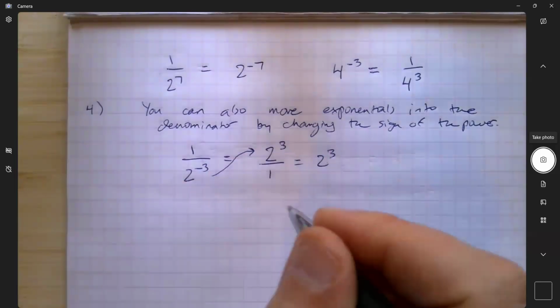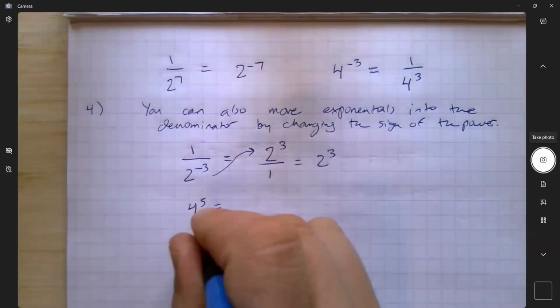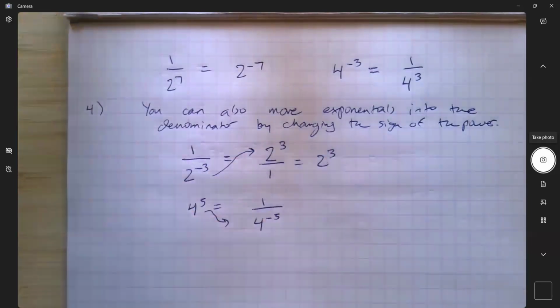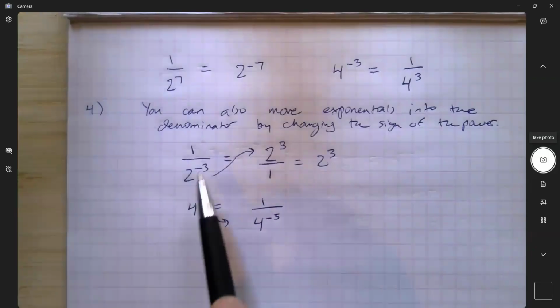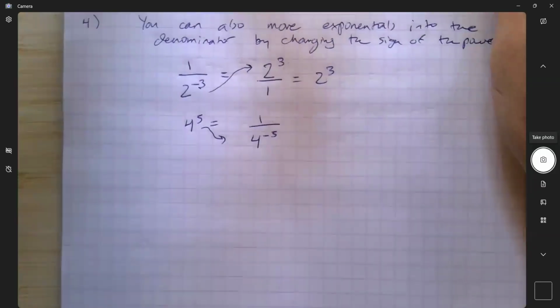And if I have, let's say 4 to the 5th, I can move it down into the denominator and just change the sign again. So you can rewrite your exponentials a lot of different ways just by changing the sign and moving where it belongs, moving it up or down into the numerator or the denominator.